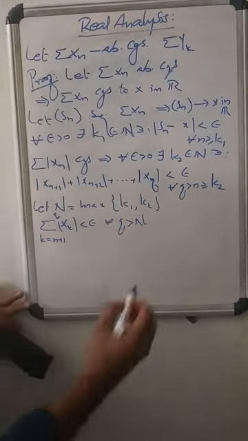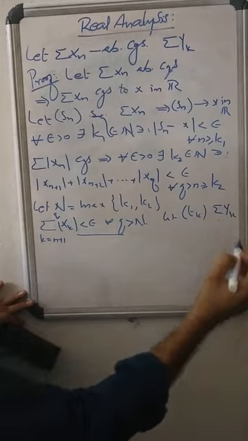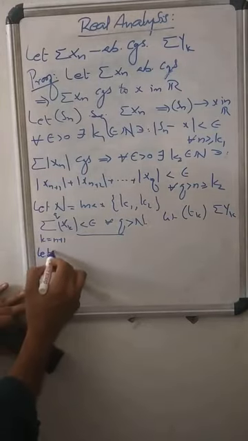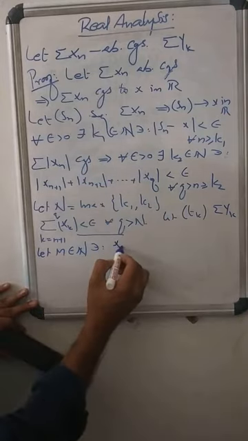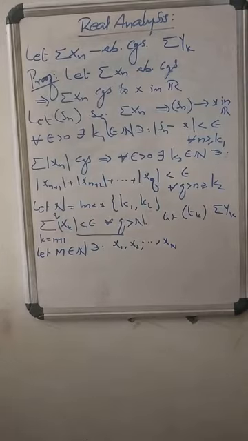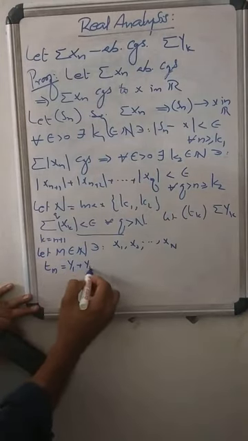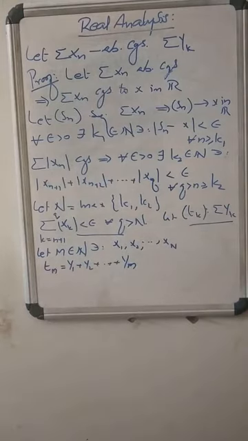Now let Tk be the sequence of partial sums of the series sigma yk, obtained from sigma xn by the rearrangement. Let M be a natural number such that the terms x1, x2, etc. xN are contained as summands in TM, where Tm is y1 plus y2 plus etc. plus ym.